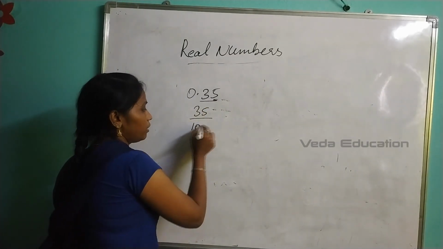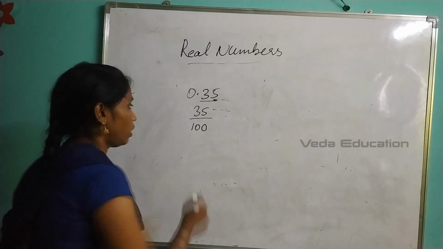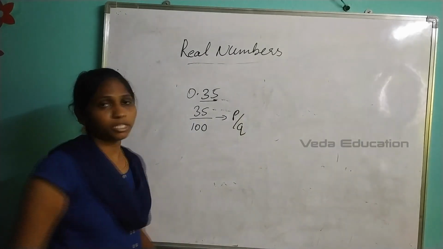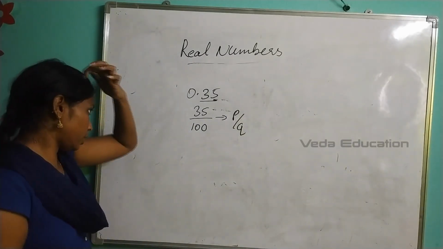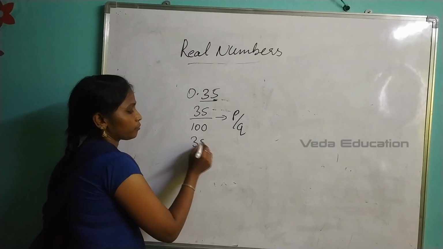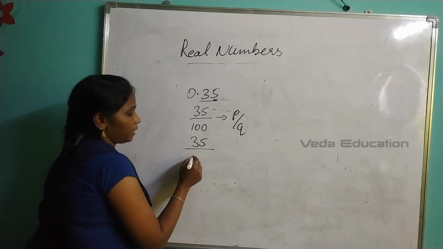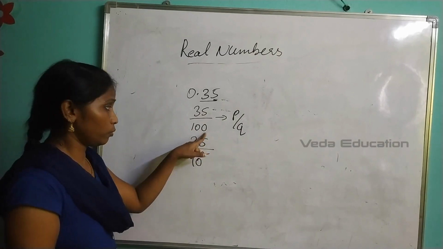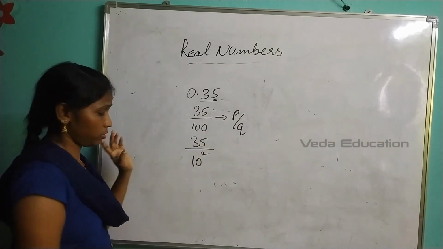So after 1, keep 2 zeros. Now it is in the form of p by q. Is it in simplest form? No. So first write it in simplest form. 100 you can write as 10 square; here 2 zeros are there, so the exponent is 2.